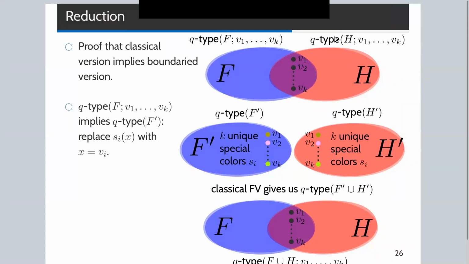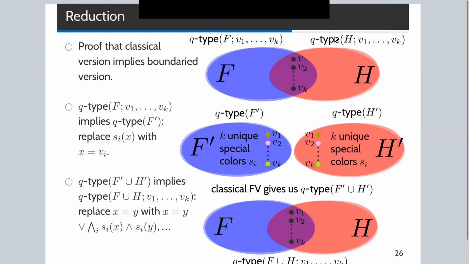Can we maybe do a quick example? If we have the formula, there are two red vertices, then it would be wrong on F and H, but it would be right on the union of F and H, right? Yeah, there are two red vertices.